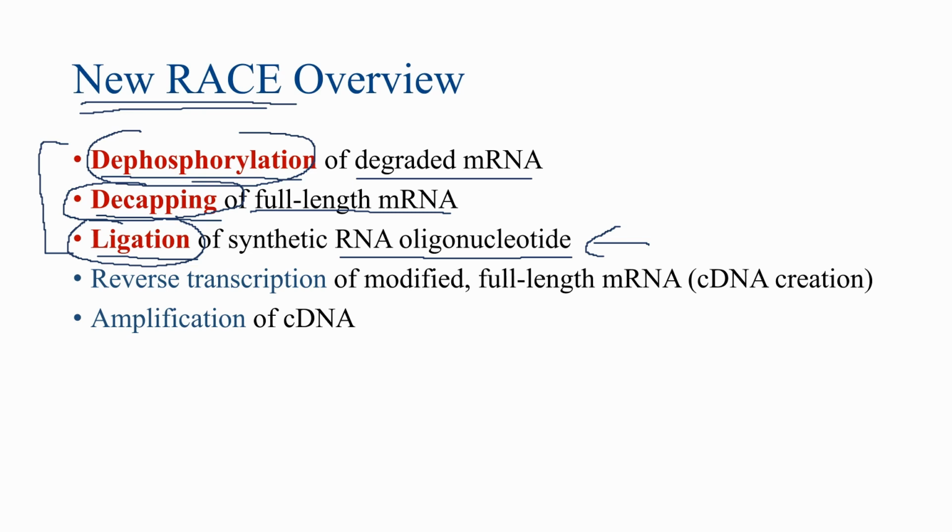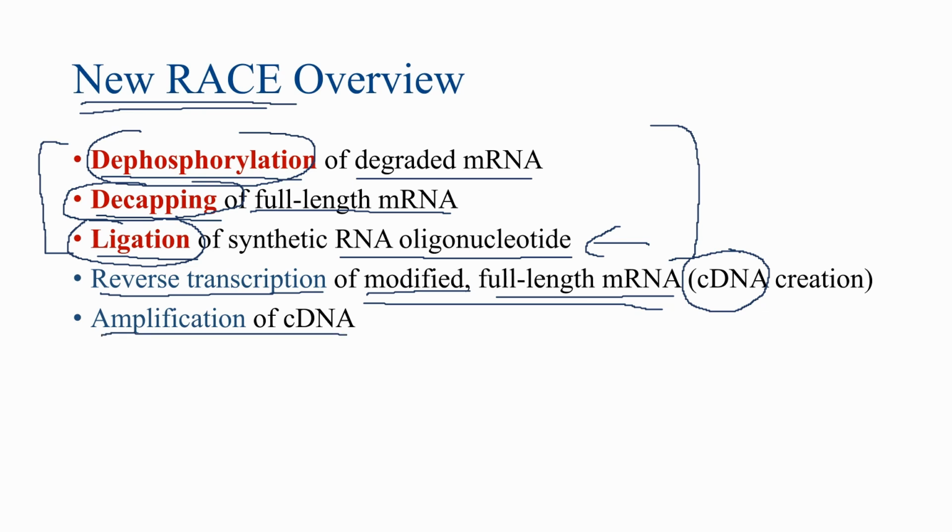You're going to be performing reverse transcription of your modified full-length messenger RNA. In this case, these are modified full-length messenger RNA because you have concluded those steps. And of course, reverse transcription is the process by which you create your cDNA. Afterwards, you will amplify the cDNA, and similarly to classic RACE, you will use 2 sets of amplification, whereby the second set utilizes nested primers.